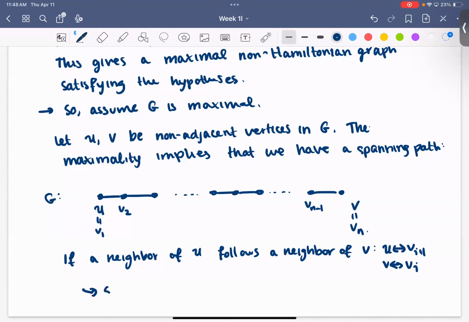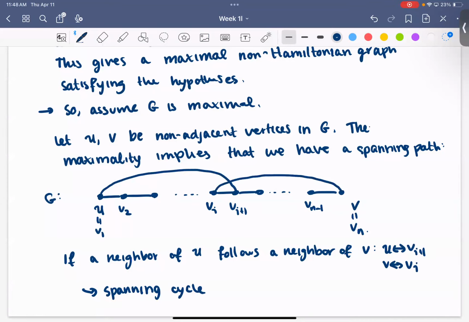We'll see it in the picture. Let this one be Vi and this is V(i+1). Suppose I have two edges like this that crisscross and go to vertices that are adjacent to each other. Does anyone see how to make a spanning cycle in this case?